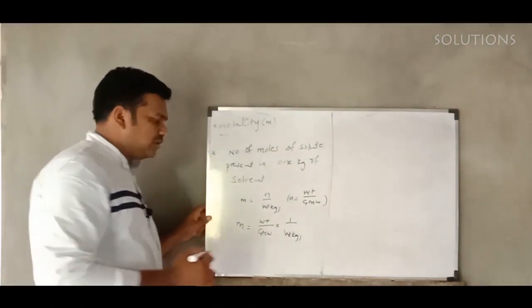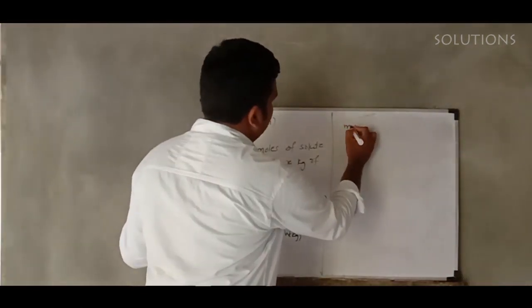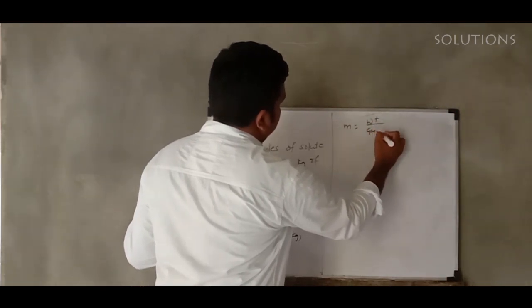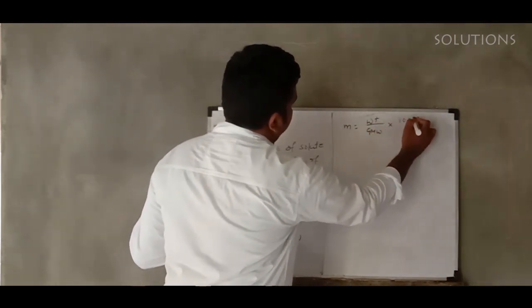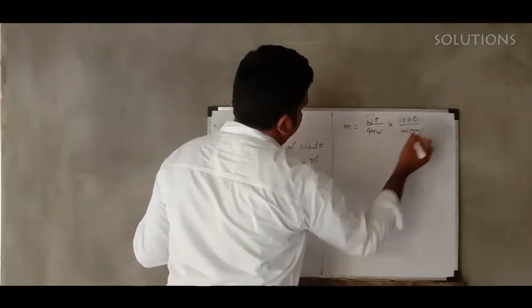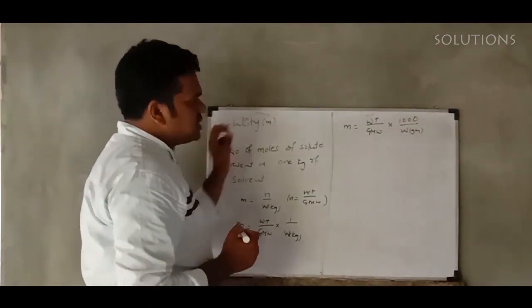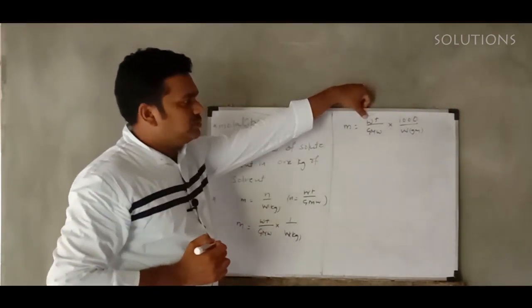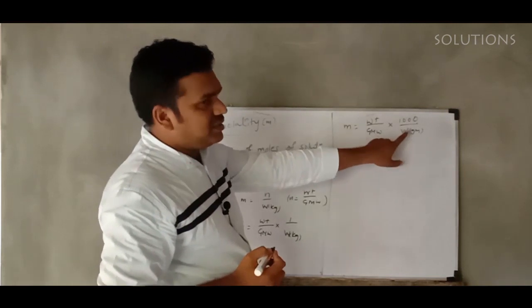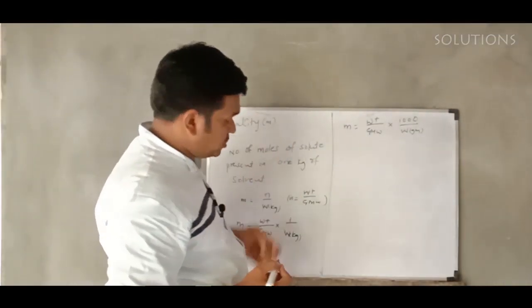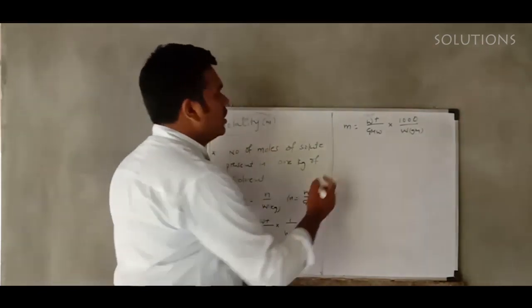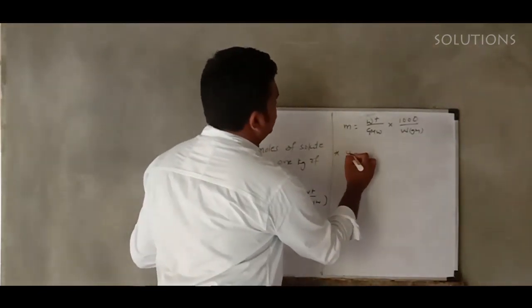From this we write the formula: molality is equal to weight by gram molecular weight into 1000 by W in grams. This is the weight of solute, this is the gram molecular weight of the solute, and W is the weight of the solvent only. So this is the formula we use for finding molality.